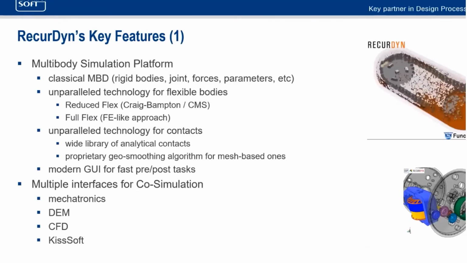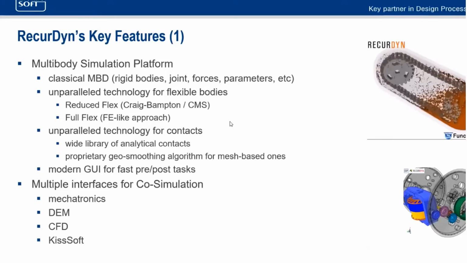Where RecurDyn really differentiates itself is with support for flexible bodies, which we'll be talking about quite a bit today. And then its technology for contacts. It can handle a very large number of contacts, both using their general geometry smoothing algorithm for generic contacts that'll work on anything, and a huge array of analytical contacts for specific use cases.